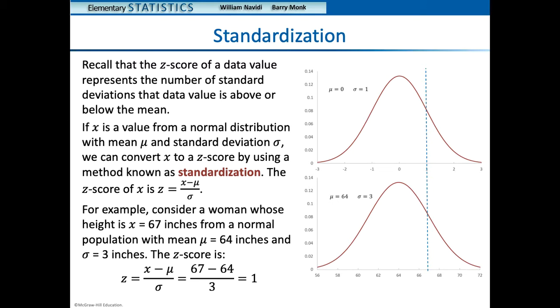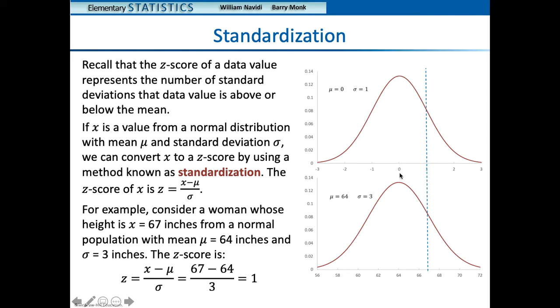Now at the top of the screen on the right there, you see the standard normal curve, which has a mean of 0 and a standard deviation of 1. This curve is simply a curve representing the distribution of all z-scores, right? So if we have a mean of 0 and a standard deviation of 1, and I specifically pick the data value 1, well, that value is going to have a z-score of 1, right?